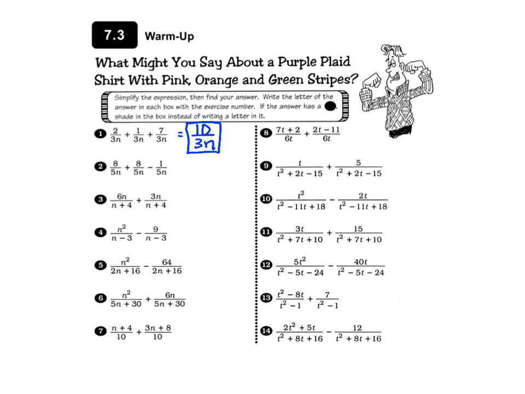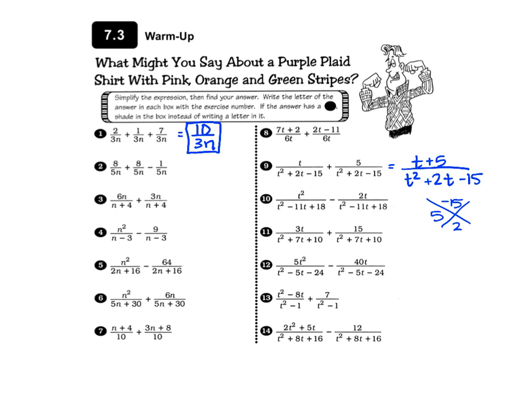Or something like number 9. If I add the numerators together, I get t plus 5 all over t squared plus 2t minus 15. But that answer doesn't show up at the bottom. So what is that? Oh, I must be able to simplify it more. So if I factor, what multiplies to negative 15 that adds up to 2?